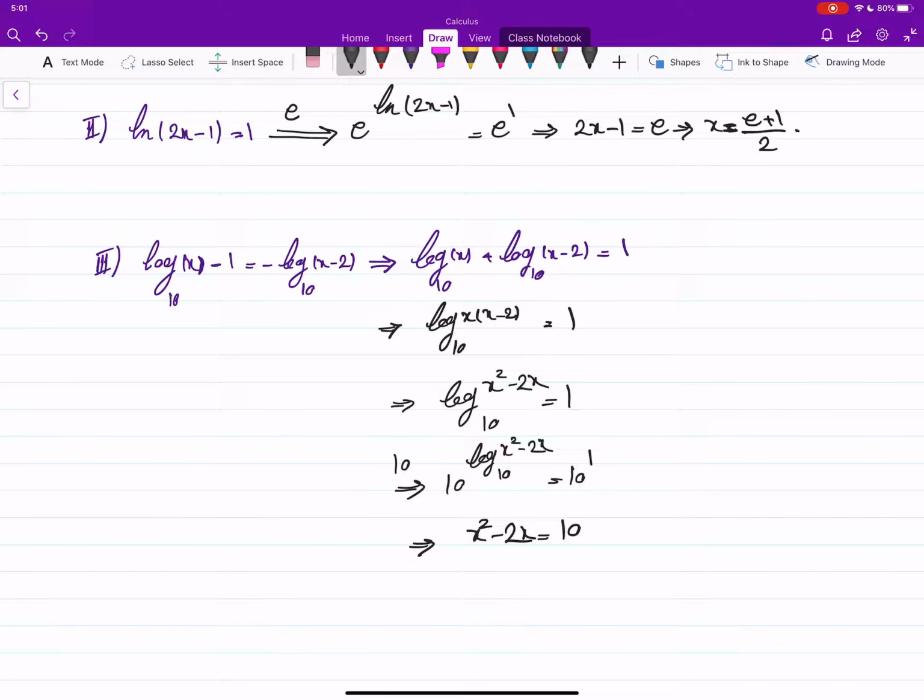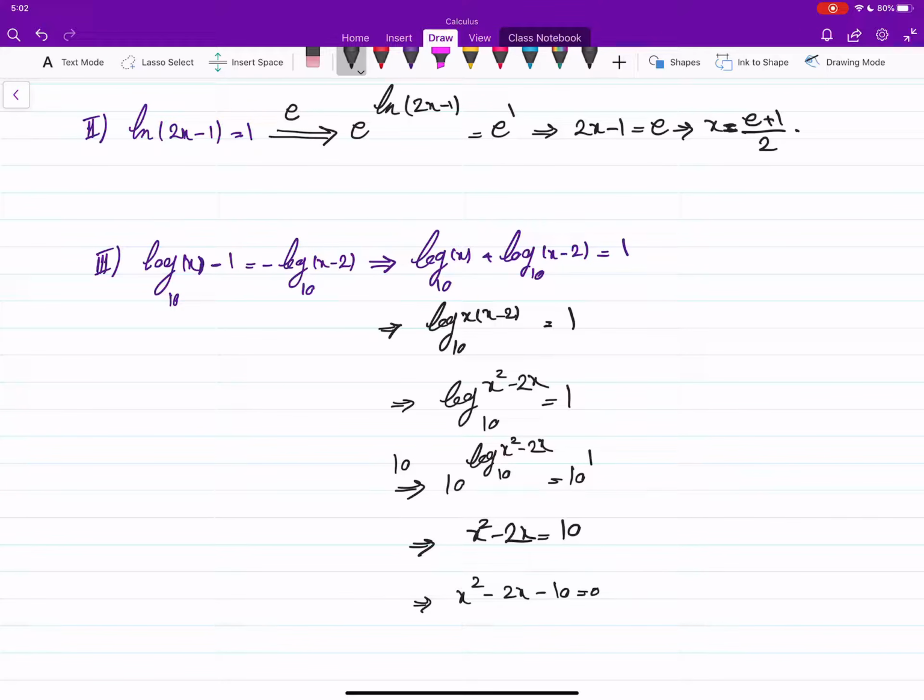Well, the key point is that now we are down to the case that we have an algebraic expression, and in this case it's quadratic, and we can use the quadratic formula to solve this.